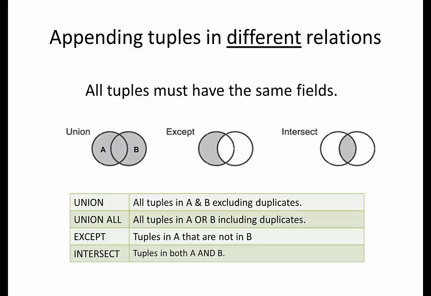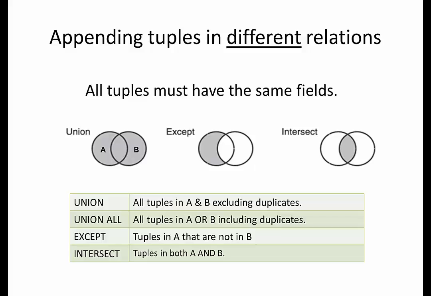And we've got three commands: union, except, and intersect. These are illustrated again with these little Venn diagrams. A union will return all the tuples in A and B, excluding duplicates.